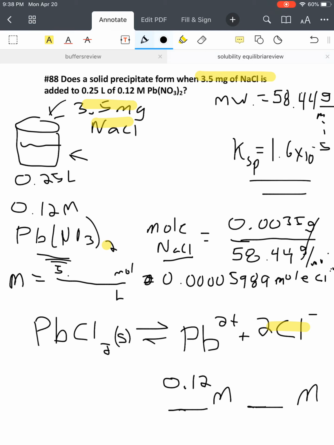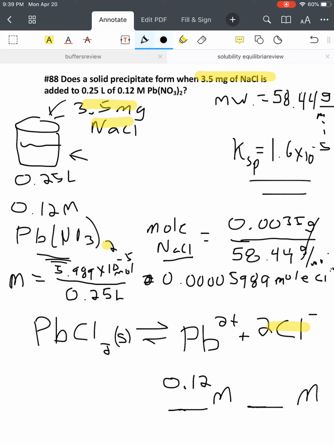That's what I'm going to do. So I'm going to take 5.989 times 10 to the minus 5. That's my moles, and I'm going to divide by the total volume of solution. Now I read this problem again. It seems like the initial volume was 0.25 liters, and I just add a tiny little pinch of sodium chloride in there. Probably not going to change the volume all that much.